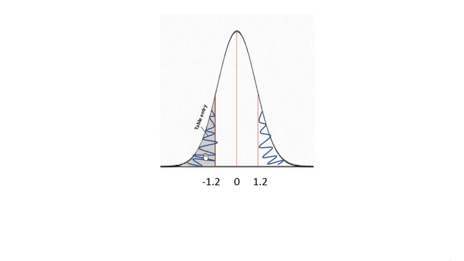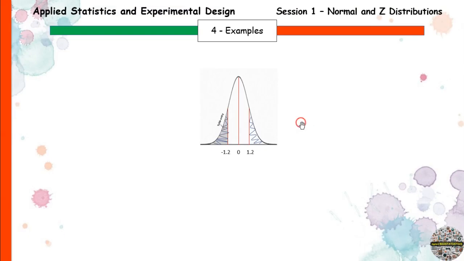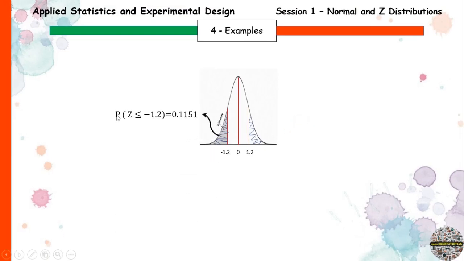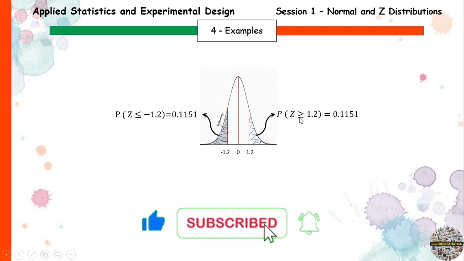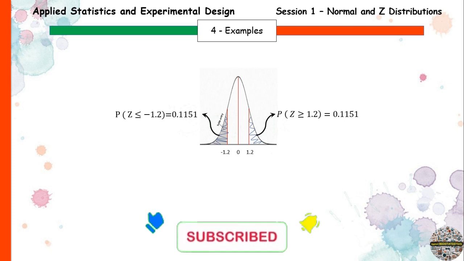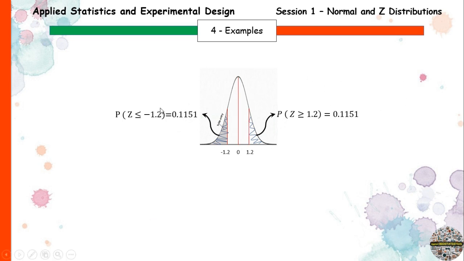The probability of this area is exactly the same as this area, which means the values equal or more than 1.2. As you can see, the probability of z equal or less than minus 1.2 is this value, and exactly the probability of z scores equal or more than 1.2 is the same as this one.